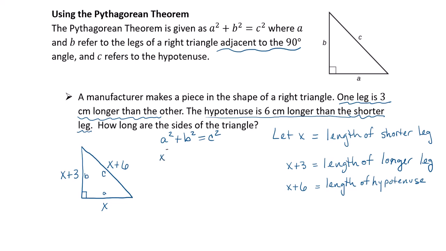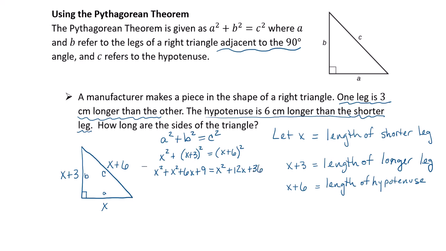So I have x squared plus (x plus 3) quantity squared equals (x plus 6) quantity squared. Now I can solve. I need to do some expanding here. I'll have x squared plus x squared plus 6x plus 9 equals x squared plus 12x plus 36.